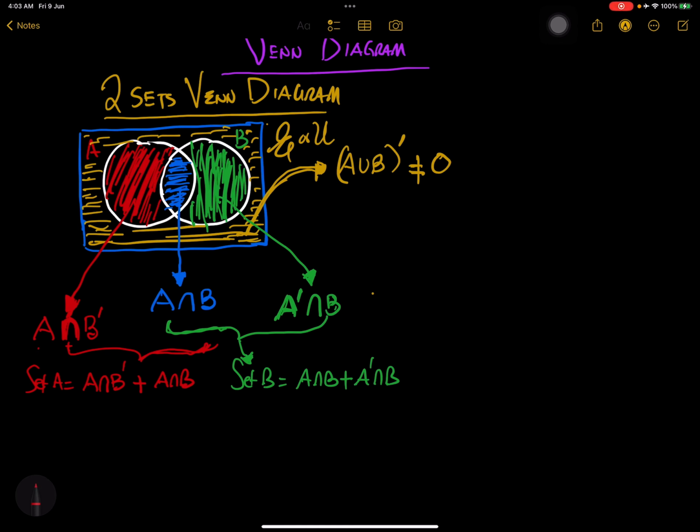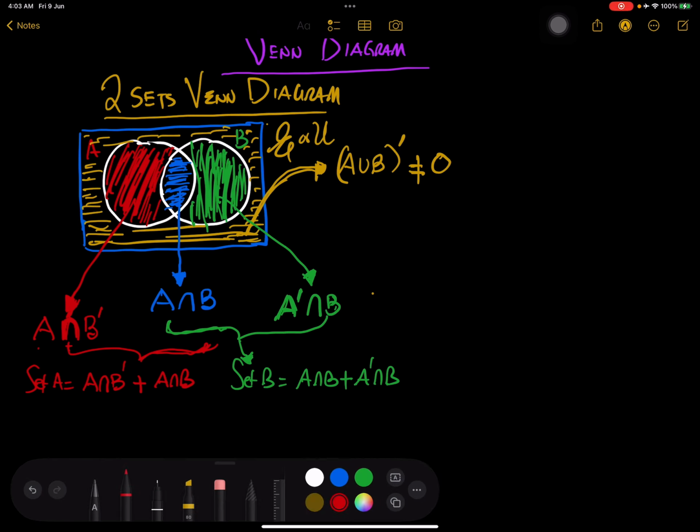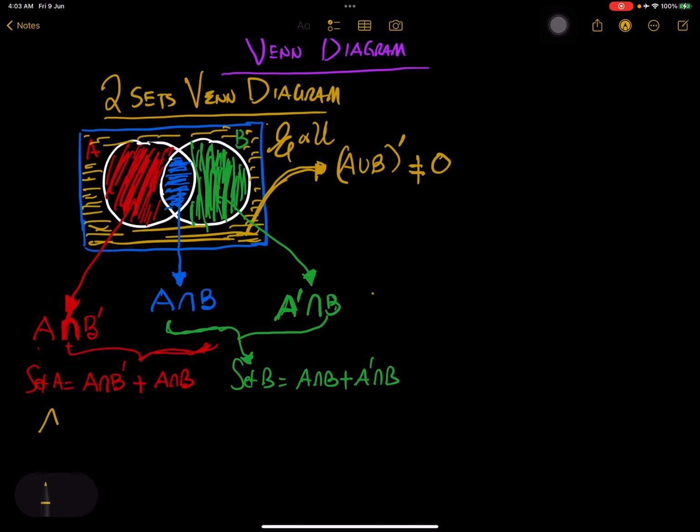Now, we are going to look at the joining of these two sets. If we look at A union B, A union B is everything in A and everything in B, right?